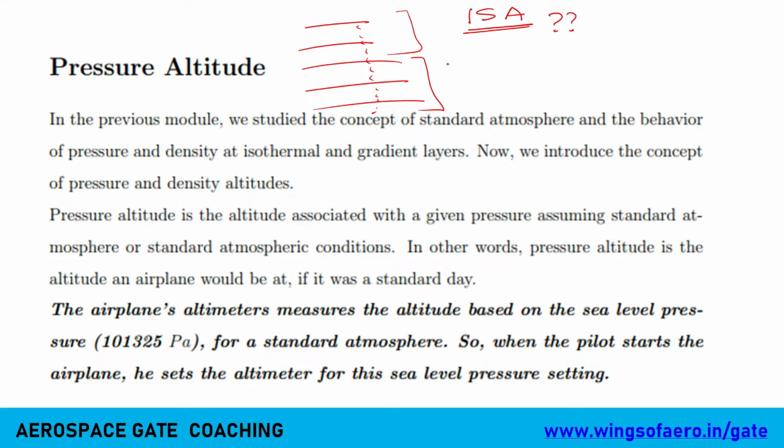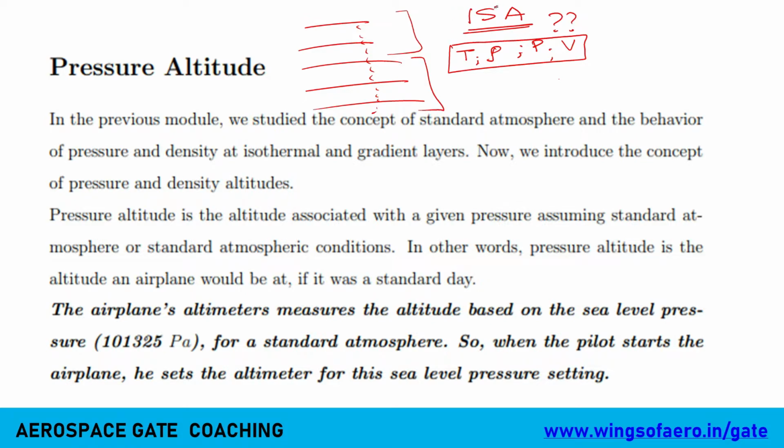Several factors give a huge variation: temperature, density, pressure, and velocity. These are very important factors which affect the performance of the aircraft and the engine, and also the aerodynamic profile of the aircraft. So this is very important to understand.